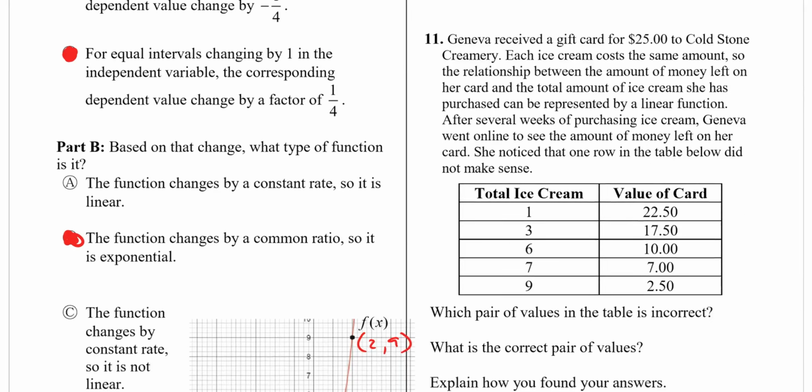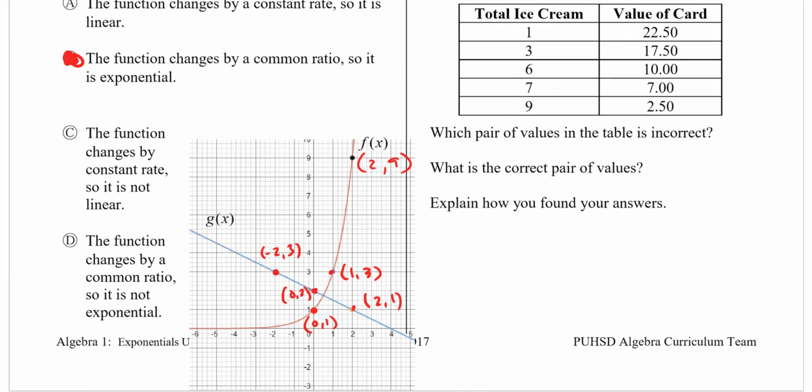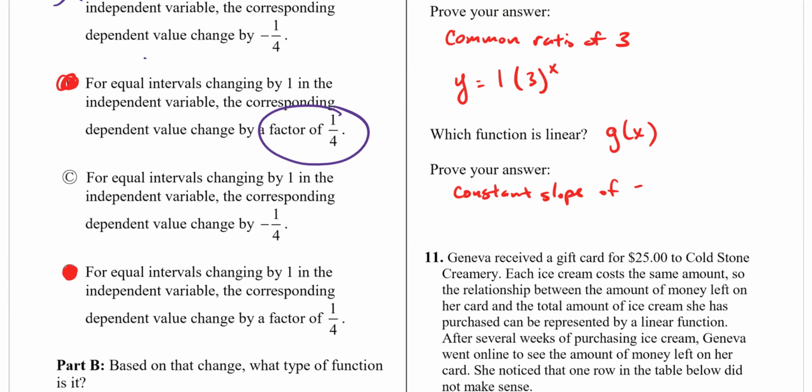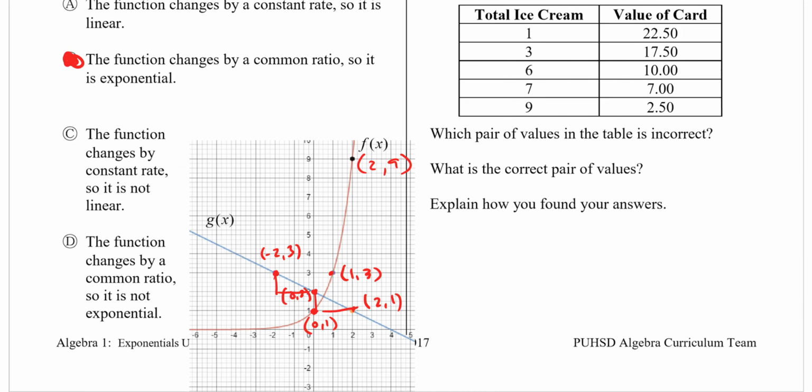It looks like I go down 1, right 2, down 1, right 2. So I have a slope of -1/2. And another justification could be that that function is written as y = -1/2 x plus my y-intercept, which is at 2.